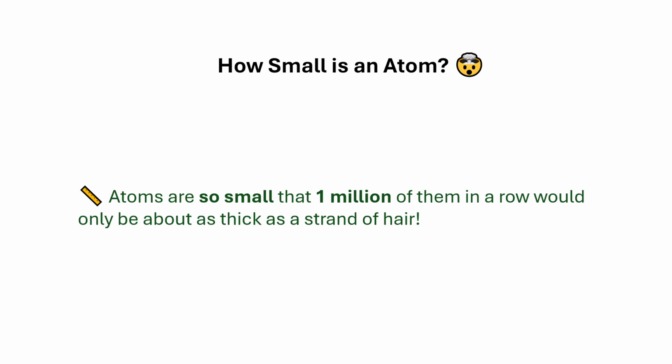Now let's talk about how small an atom is. Atoms are so small that 1 million of them in a row would only be about as thick as a strand of hair. It's also not visible with our eyes. We have to take help from other instruments to see how an atom looks.